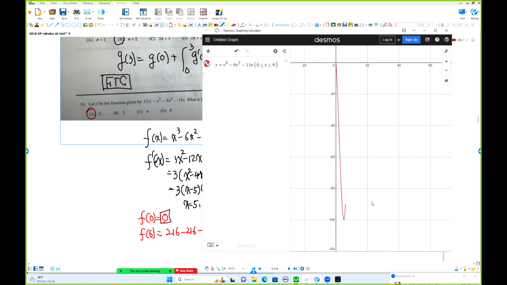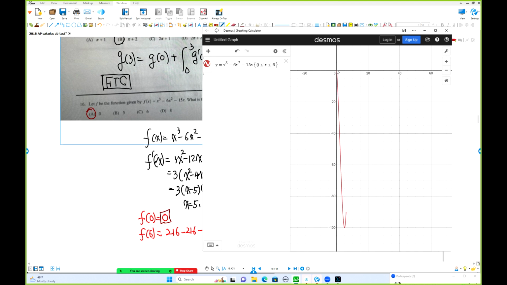From here, 0 is the highest point, all the way decreasing, concave down. This is still concave down decreasing, but somewhere over here, concave up decreasing. It is the minimum, now from here going a little up.